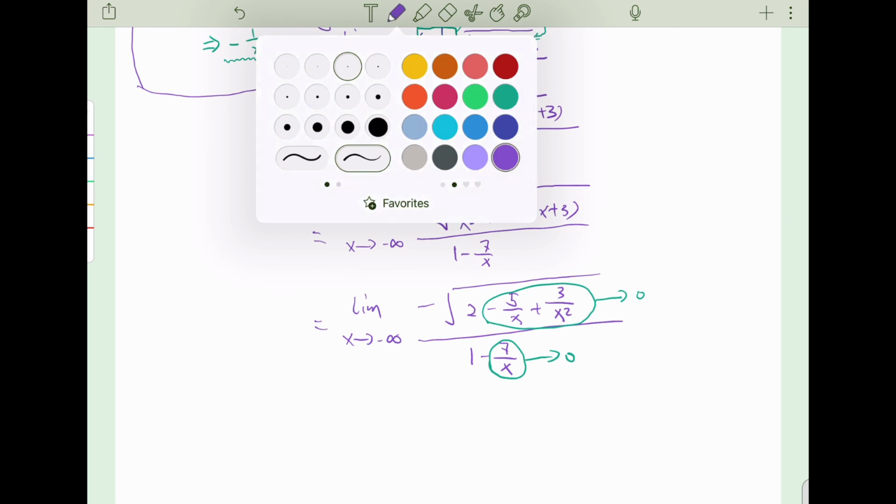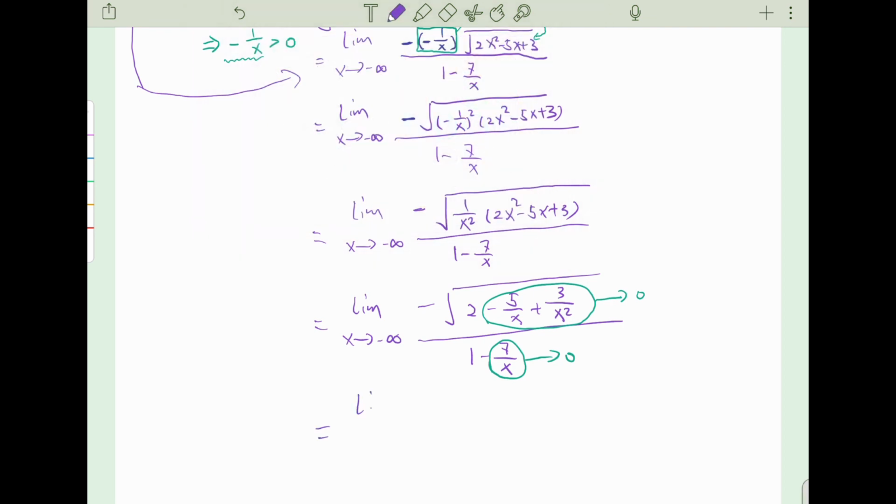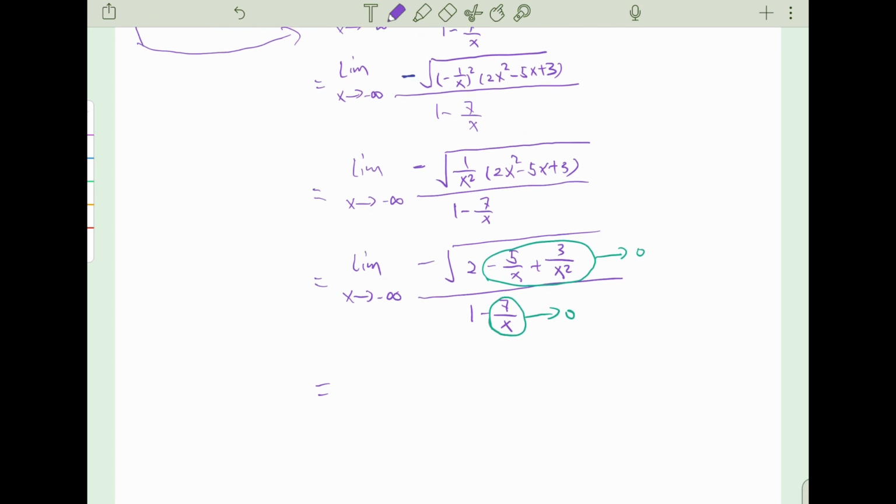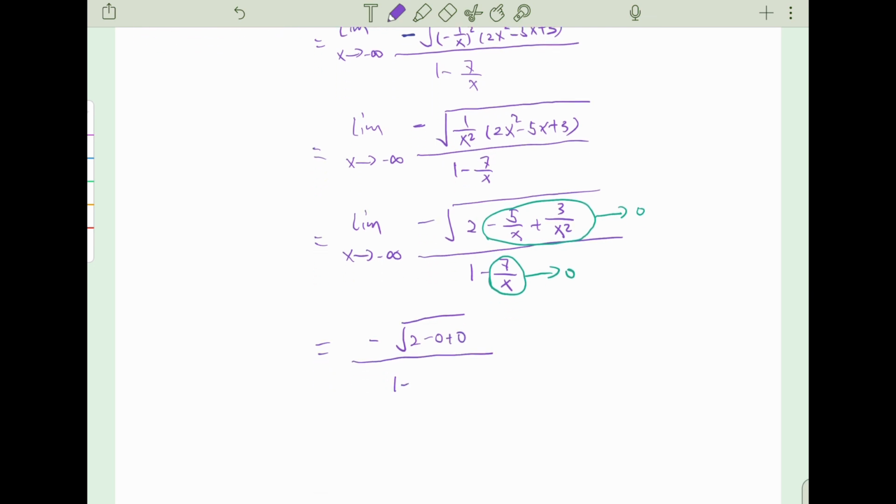And now we are left with only the square root of 2 on the top and 1 in the bottom. So the answer is negative square root of 2 divided by 1, which is negative square root of 2.